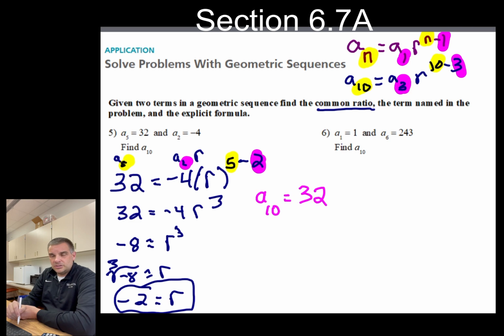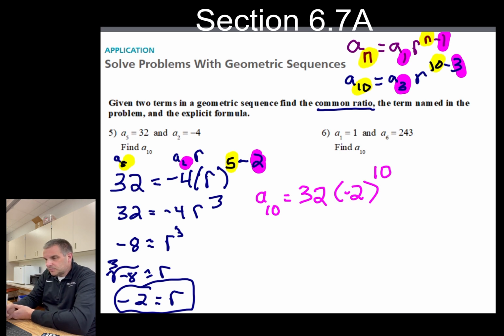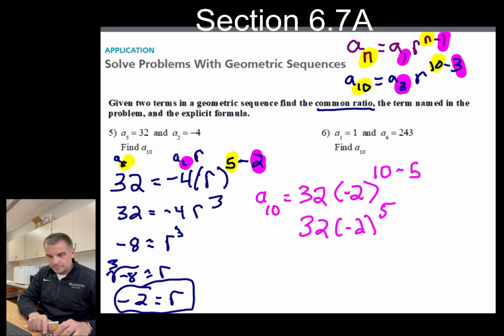I'm going to use 32 because I know what that is. My ratio is -2. Now I have to go n minus whatever the term is. So 32 was my 5th term. So that's going to be 32 times -2 to the 10 minus 5, so the 5th power.